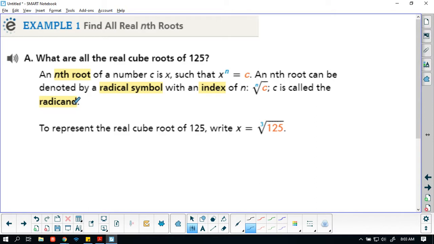An nth root can be denoted by a radical symbol, the radical symbol again being this long check mark, with the index of n. So the little index goes here. You would notice when we talk about square roots, we don't put an index here.